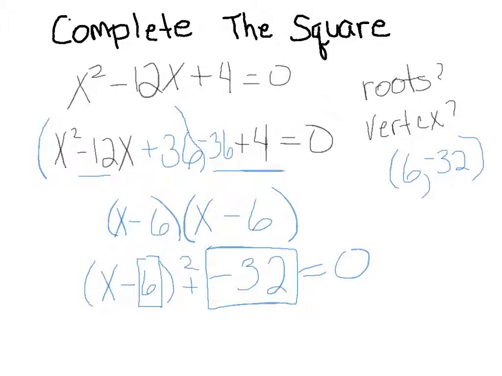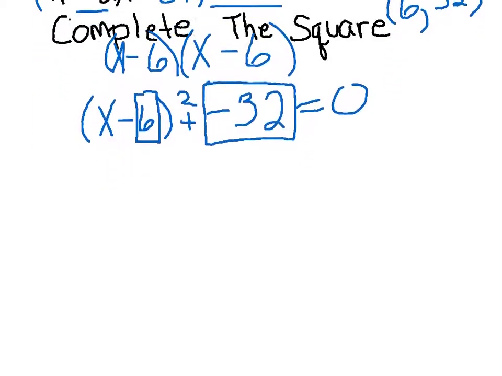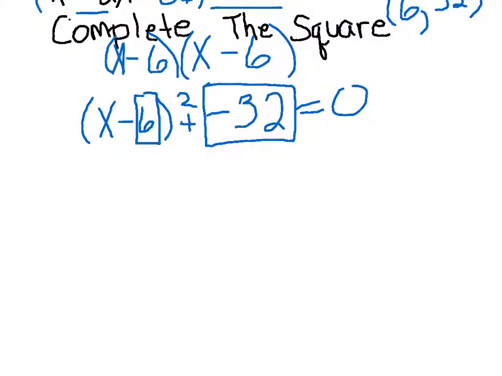Now, the roots of this equation is another easy thing to find now. So, let me rewrite that so I don't have all my boxes. I need to just isolate my x minus 6 squared term.